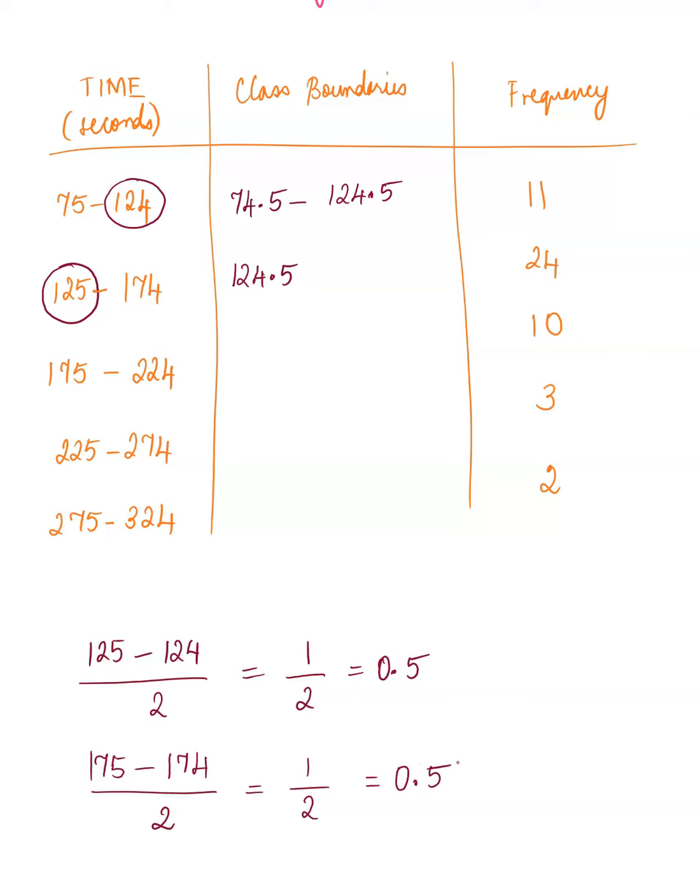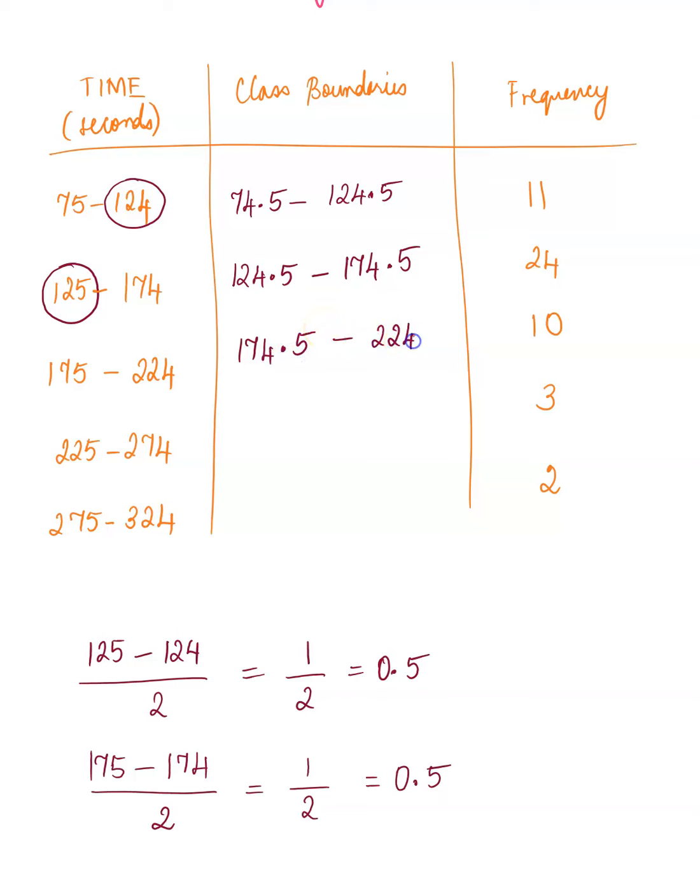We use the class width. That's how we built our lower class limits first, and then we built our upper class limits based on that. We're going one less than the lower class limit from the next class. So because of that setup, you'll always have that 0.5, and you distribute that 0.5, so that 174 gets an extra 0.5, and 175 loses a 0.5, so it becomes 174.5.